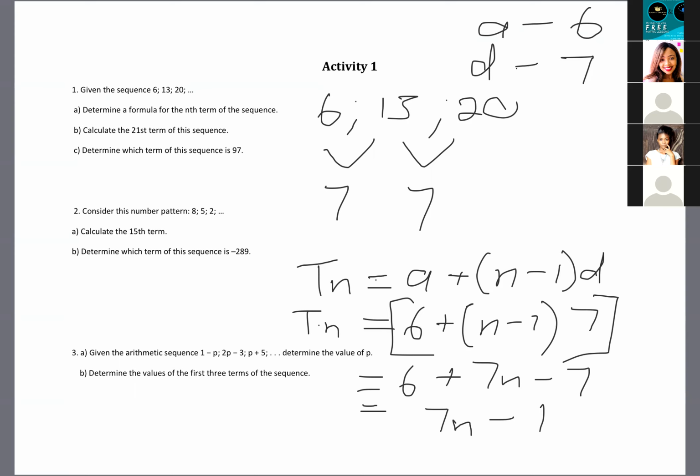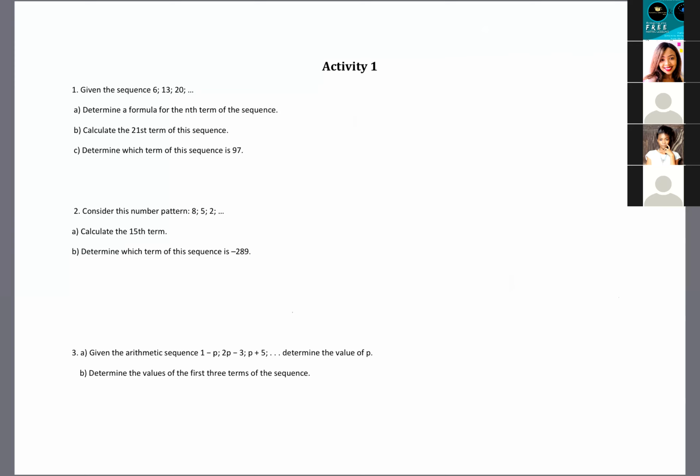Are you with me? Yes, ma'am. So this is going to be our formula for the nth term of this sequence, right? Do you have any questions so far? No. Are you still with me? Yes, ma'am.